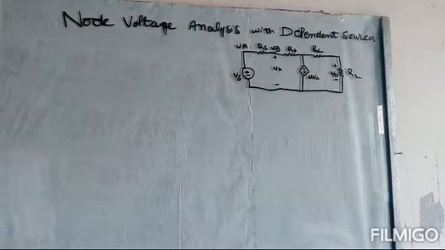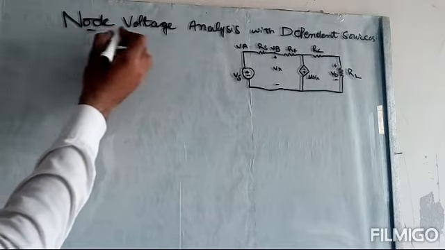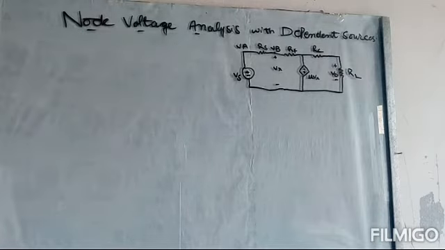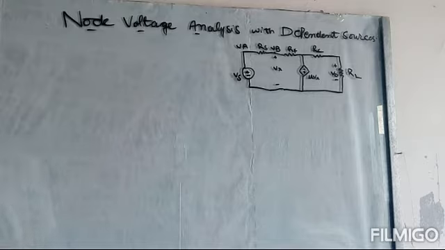In the previous lecture we studied node voltage analysis and mesh current analysis of circuits that consist of independent sources. Now we will see how we deal with circuits that contain dependent sources, and how we can apply our previous concepts of node voltage analysis or mesh current analysis on them.